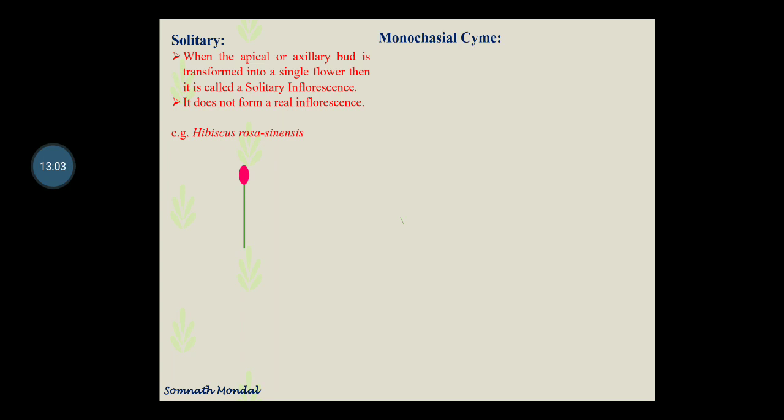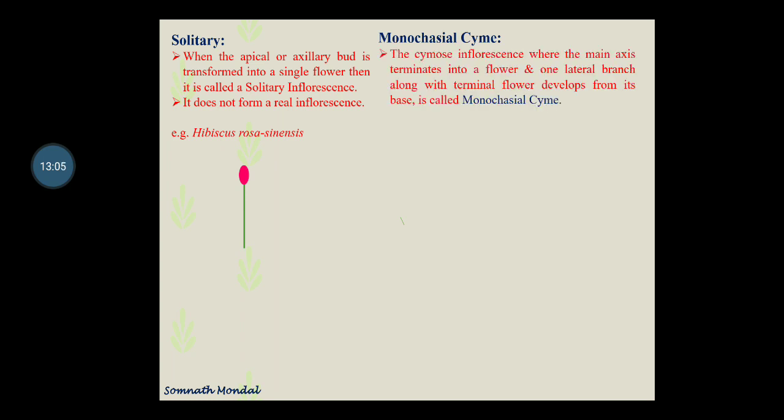Next, monochasial cyme. In this cymose inflorescence, the main axis terminates into a flower and one lateral branch along with a terminal flower develops from its base. That is why it is called a monochasial cyme, that is, only one lateral branch comes out at the base of each previous flower.